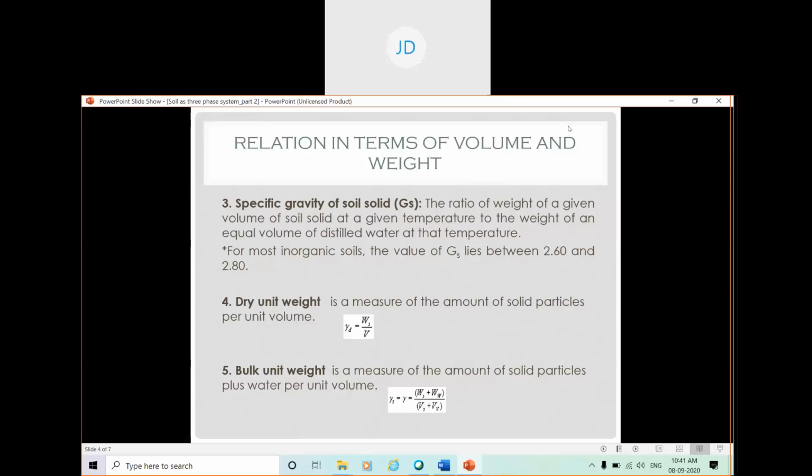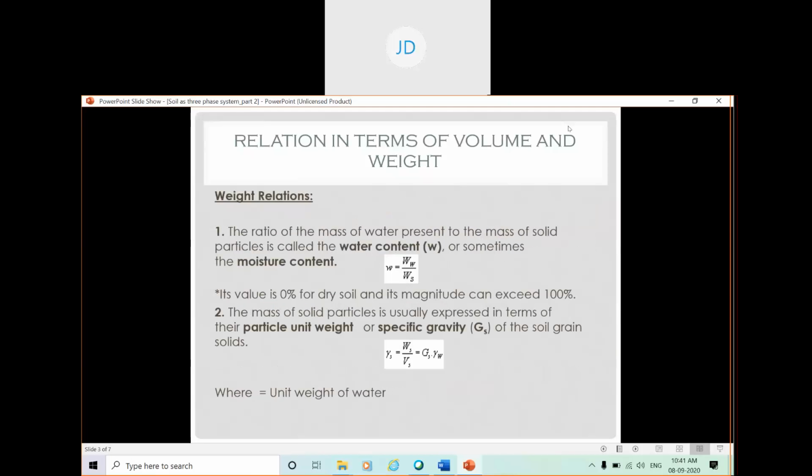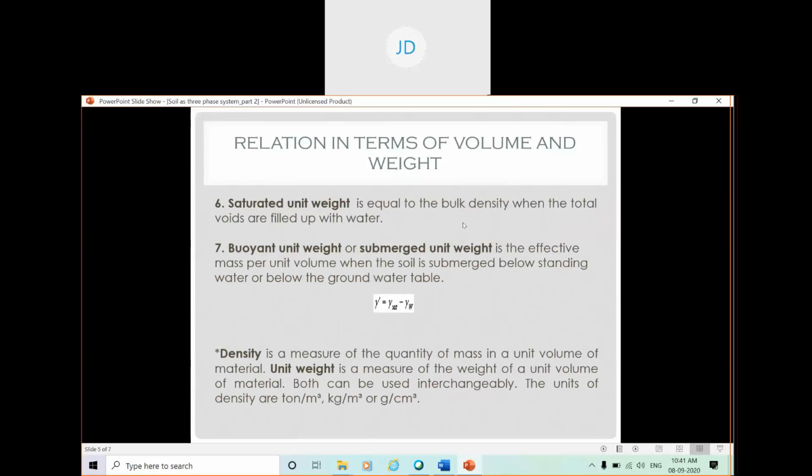Now, if the same soil is submerged in water, if all the voids are filled with water, for that soil the bulk density will be represented by saturated unit weight. Simple as that. Saturated means the voids are filled with water.